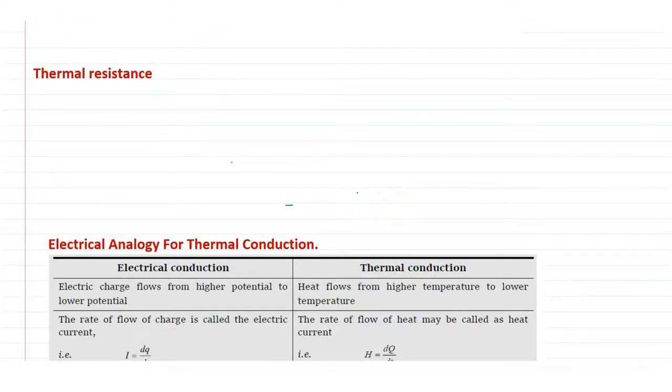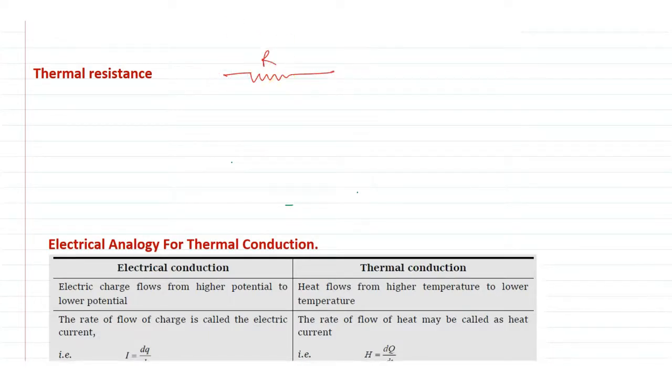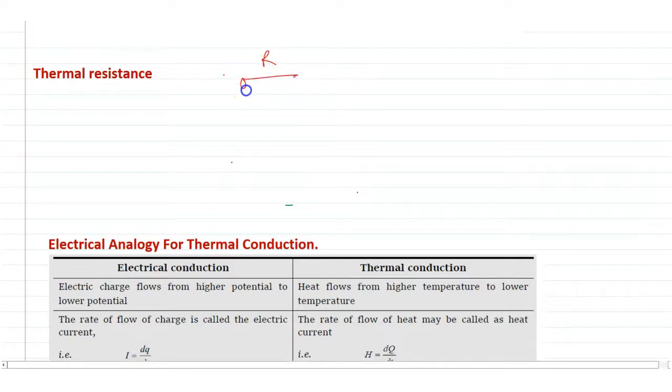So you know, according to Ohm's law, suppose a conductor has resistance R and you connect a battery of V volt, and if current I is flowing, V equals IR, and I equals V by R. This is the current, and V means potential difference.